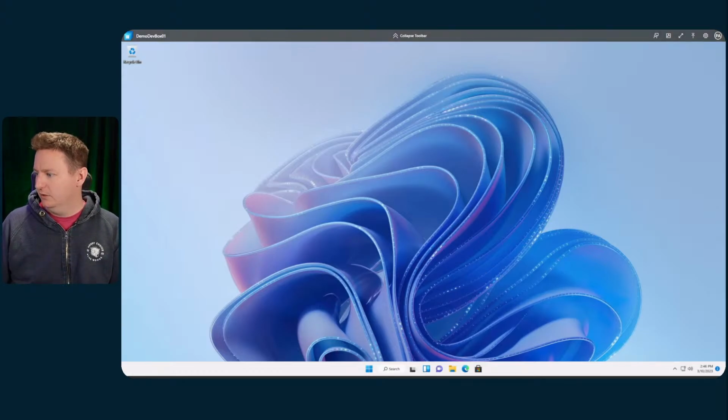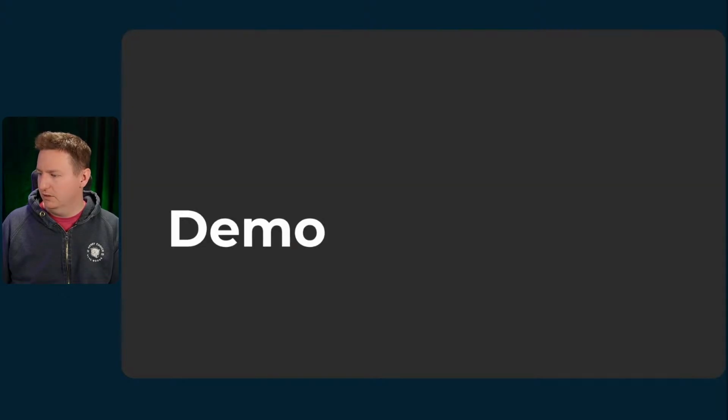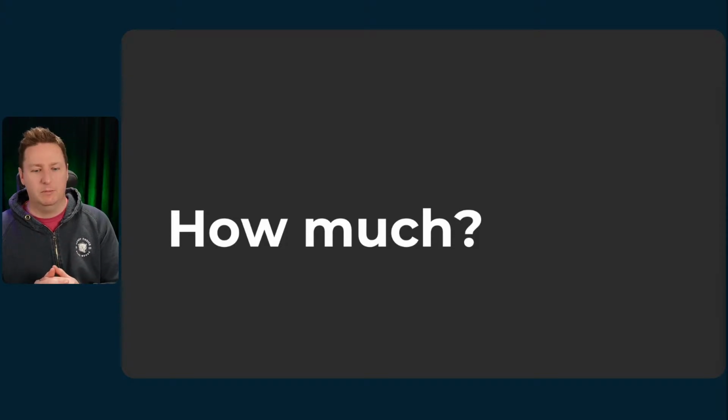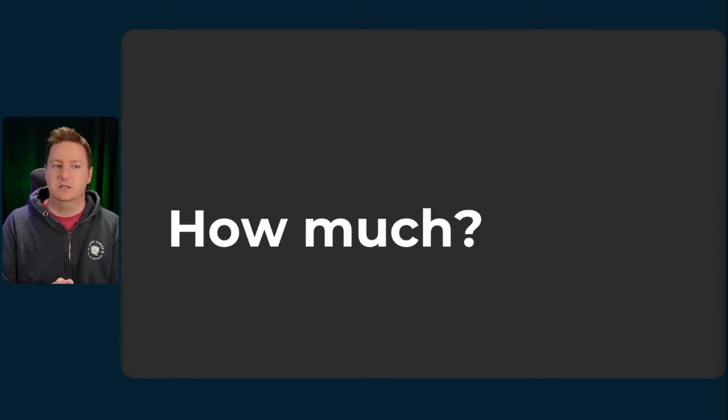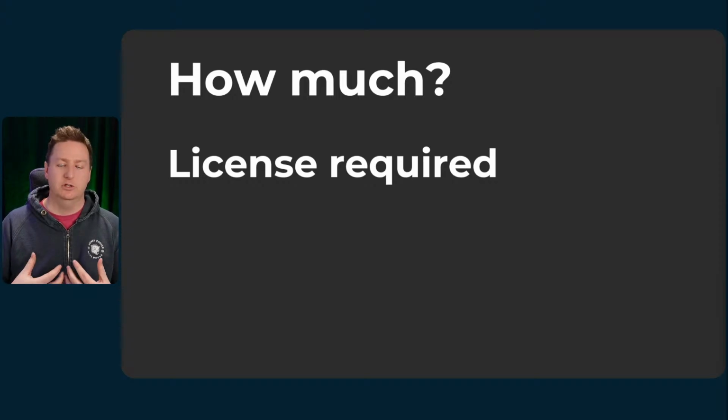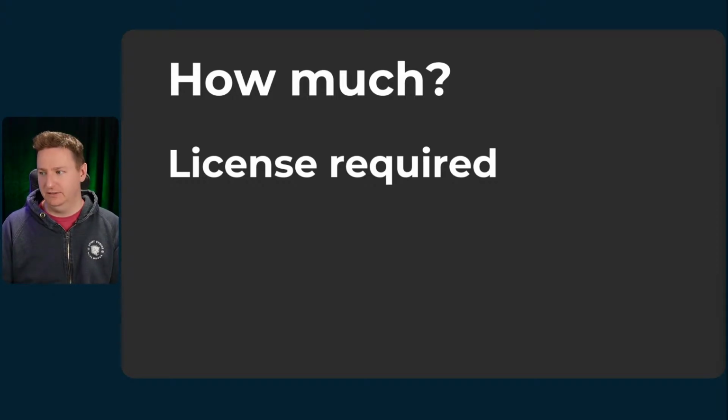So I guess we could jump back to our presentation because it's time to talk about how much the DevBox service costs. First and foremost, you need to have a license to be able to use the DevBox service. The users connecting to DevBoxes, the users creating DevBoxes, they need to have a couple of licenses.